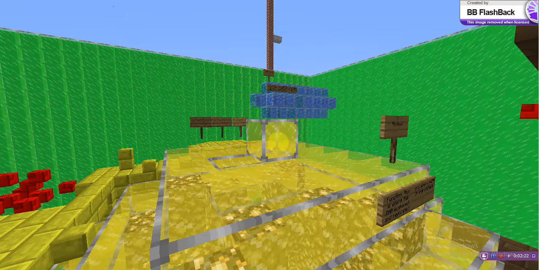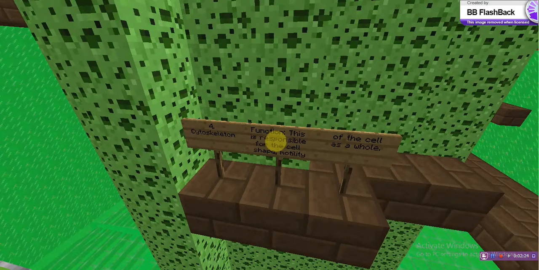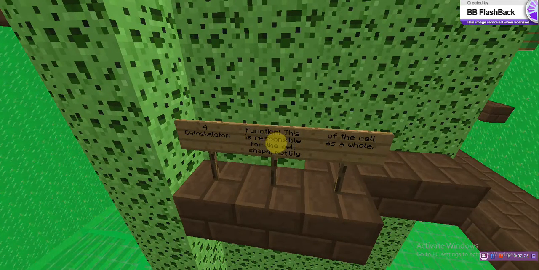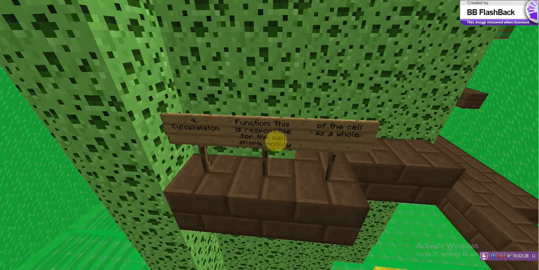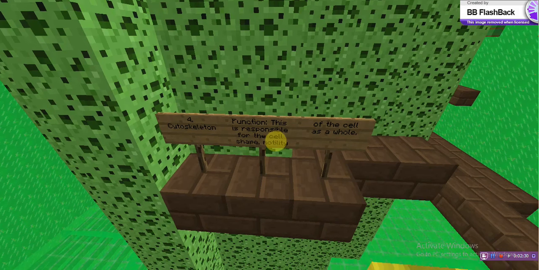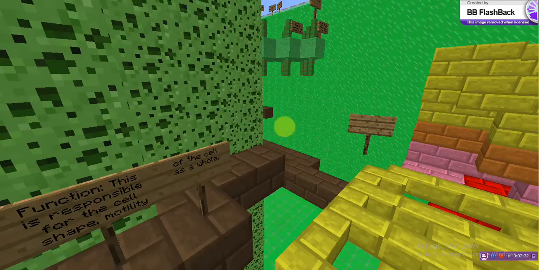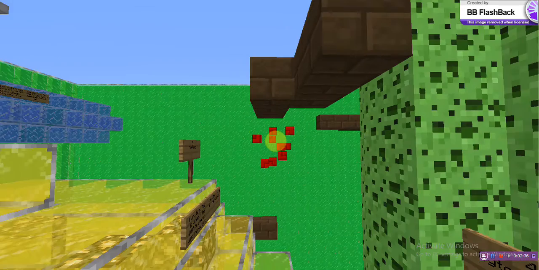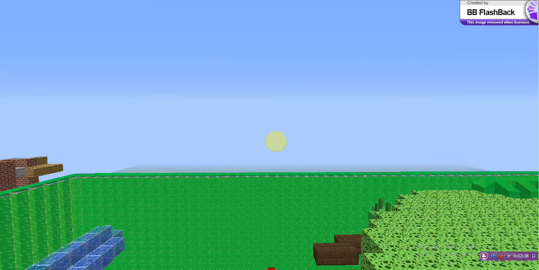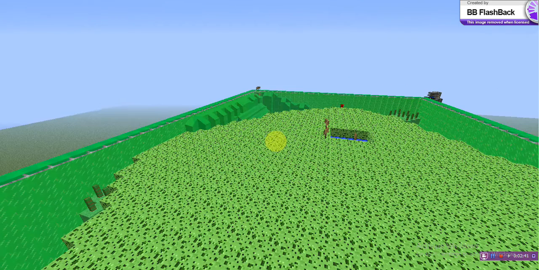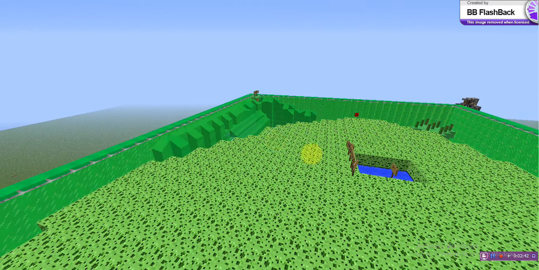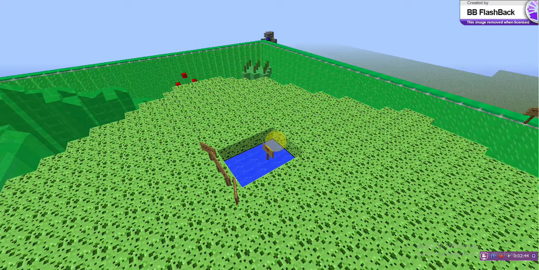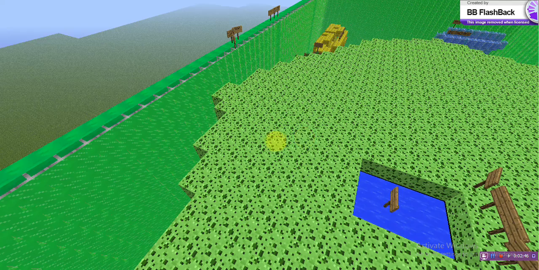This is responsible for the cell shape and motility of the cell as a whole. That means it's very similar to the cell wall. However, it's keeping the shape of the cell inside the cell. So it's helping the cell to maintain its shape with this rigid form that it has.